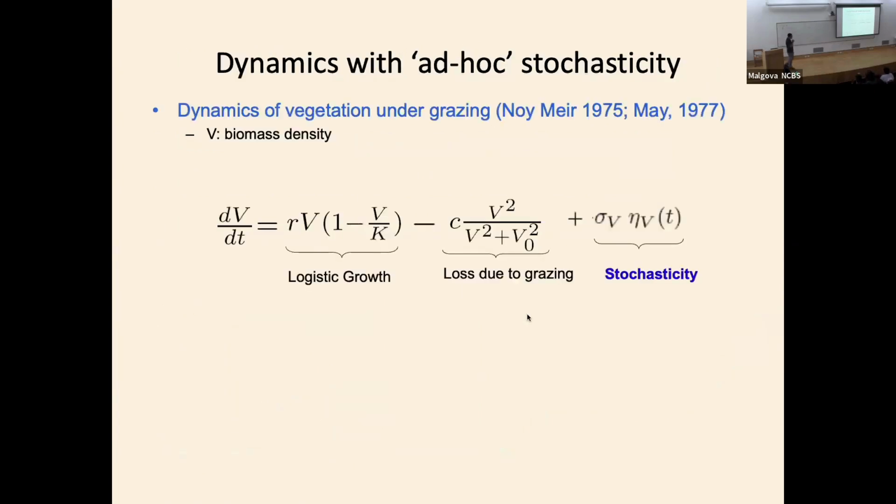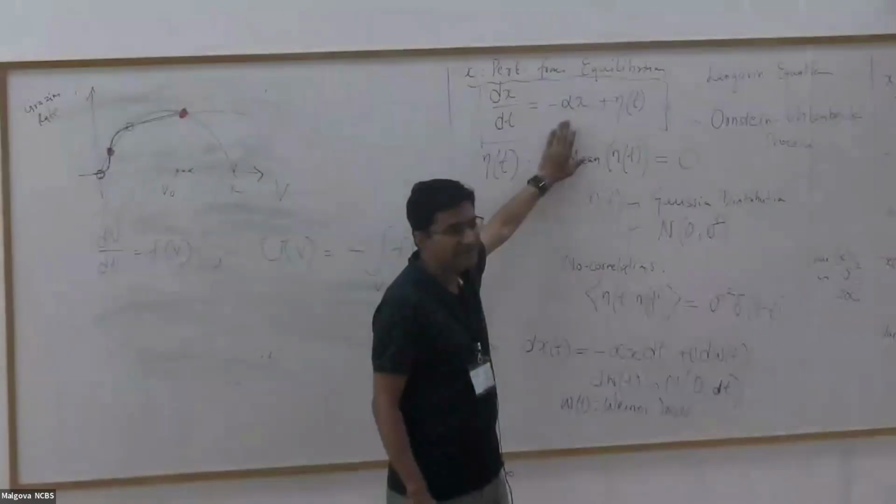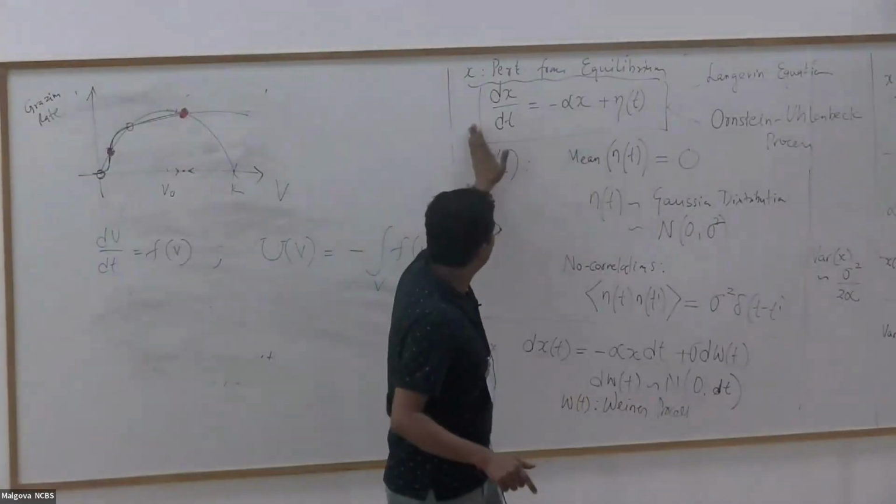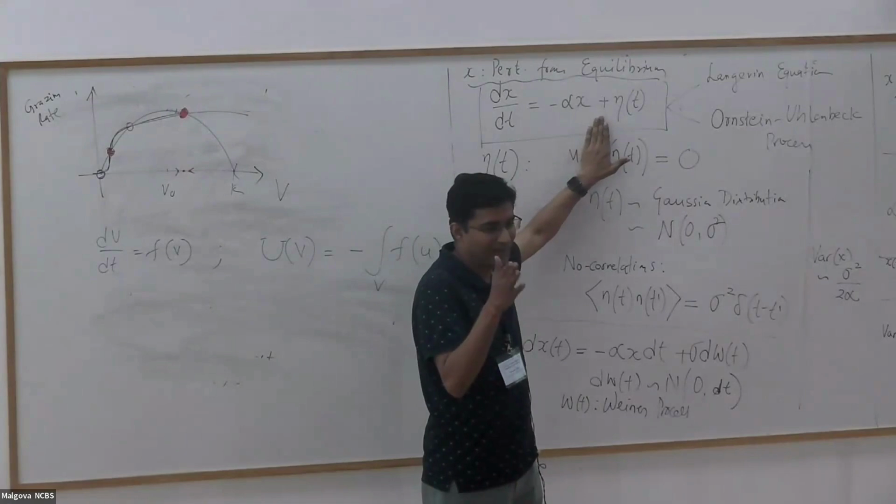What we now do is the missing element that we have had so far is that of stochasticity. Okay, so what I have now done is to this differential equation, which was an ordinary differential equation, I've added some amount of stochasticity, just like the way I was adding to only the perturbations of the equilibrium. Now I have done it to the entire equation. Now this stochasticity that we added earlier was to a system which, if you look at only this equation, was basically having only one equilibrium, right?